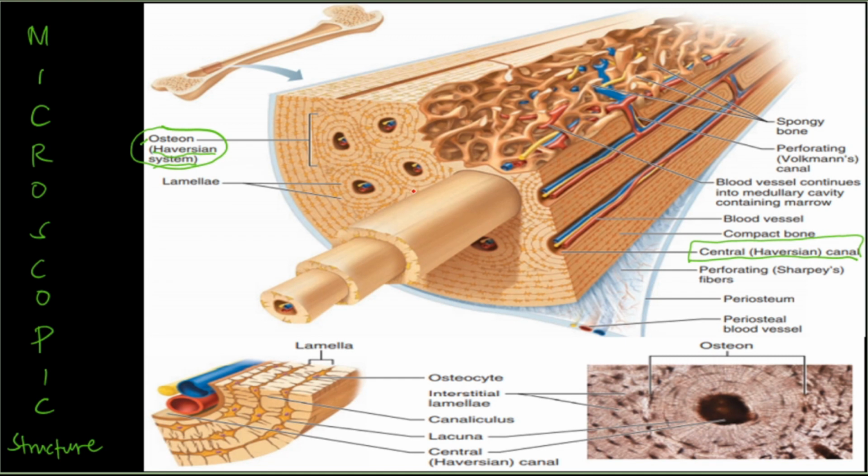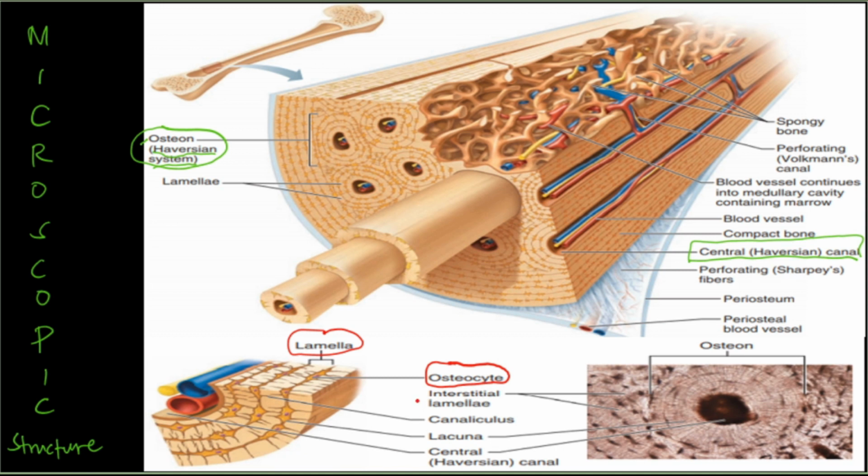This is your lamellae, or the lamella. And also, your osteon is made up of your osteocytes. As you can still remember, your osteocyte is your matured bone cell that also regulates the osteoblast and the osteoclast.